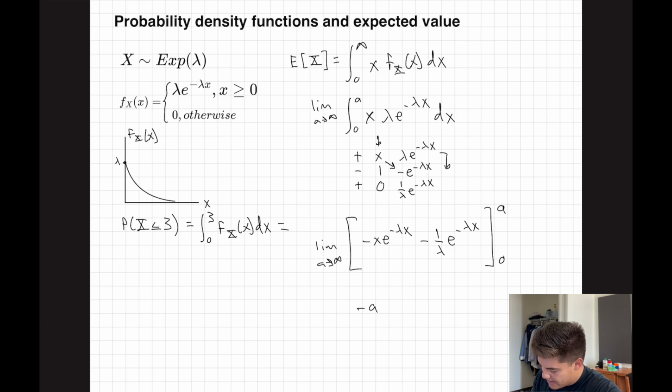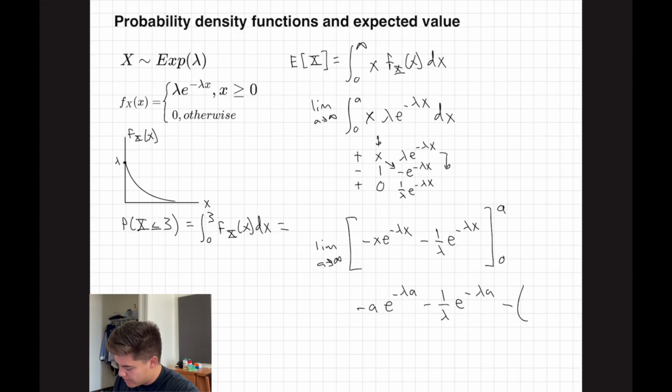So plugging this in, we get negative a e^(-lambda a) minus 1 over lambda e^(-lambda a), and then minus the quantity 0, since if we plug in 0 for x, it goes to 0 there. And then minus 1 over lambda, since e to the 0 is 1. Still, we're taking the limit as a goes to infinity.